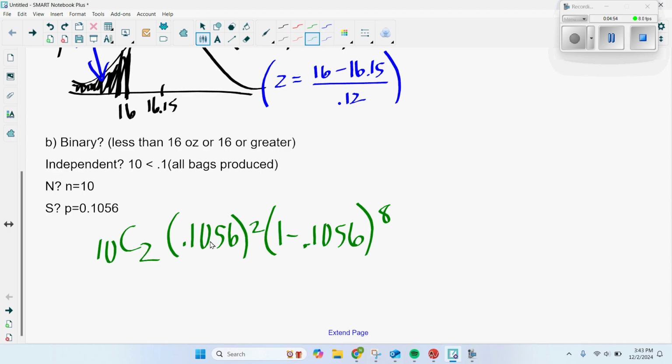And just because the subtraction was not easy to do in my head immediately, I just wrote 1 minus that to show my failure probability. So you can either do this or you could use binomial PDF.